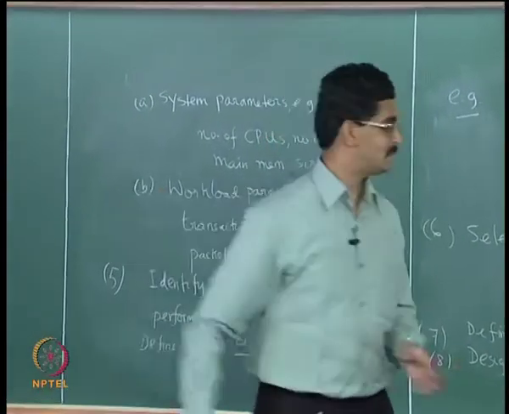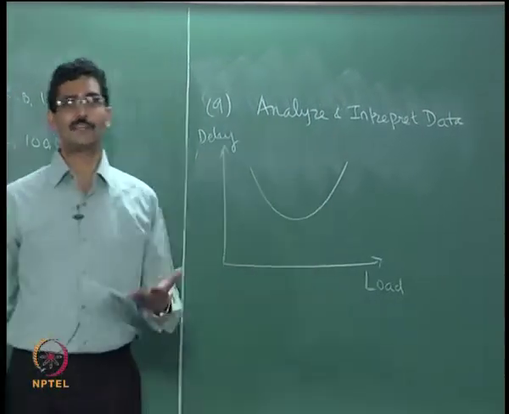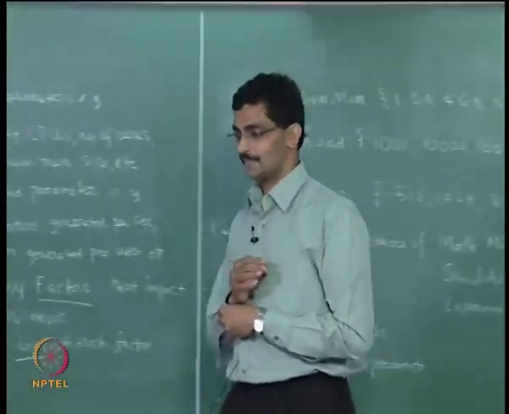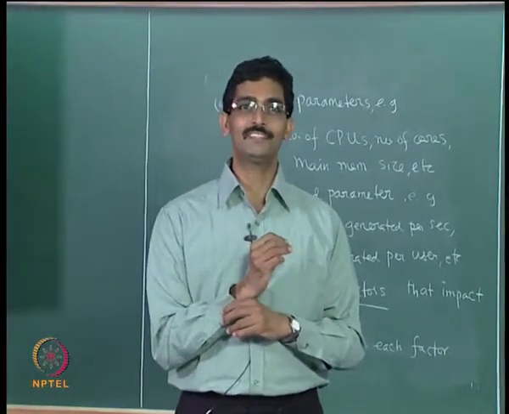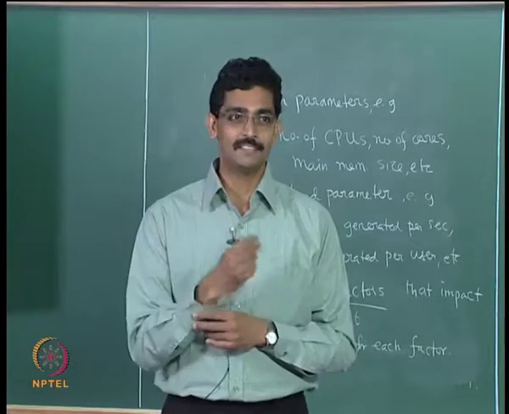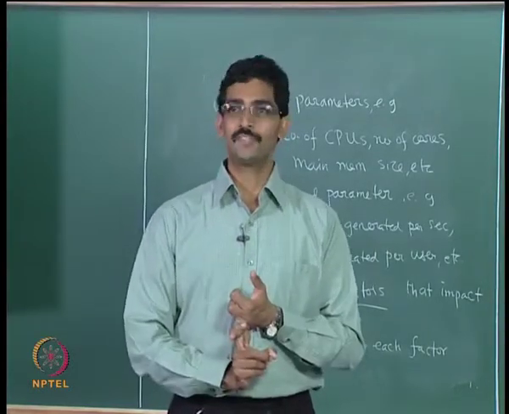Then, as the load goes up, this delay is expected to increase, therefore you say okay, as the load increases, delay is also increasing, but that is where you have to come in and figure out what is going on, right, instead of simply presenting the graph and not explaining it. So one is to explain what is going on in the graph, and the second is to explain discrepancies in the graph, right.